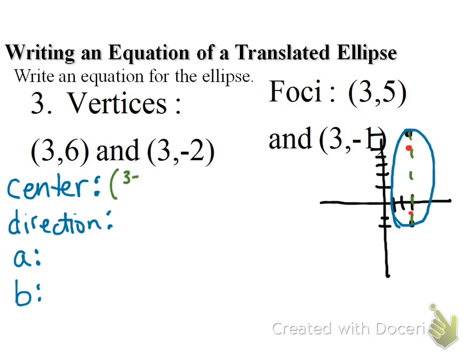That would be 3 plus 3 divided by 2 and 6 plus negative 2 divided by 2. So I have a center at 3, 2. Now, do you actually need the midpoint formula if you're a really good sketcher? No, just count from each direction until you get to the center. So you could put one finger up here, one finger down here, and just count until your fingers are meeting. All right, it'd be the point right here.